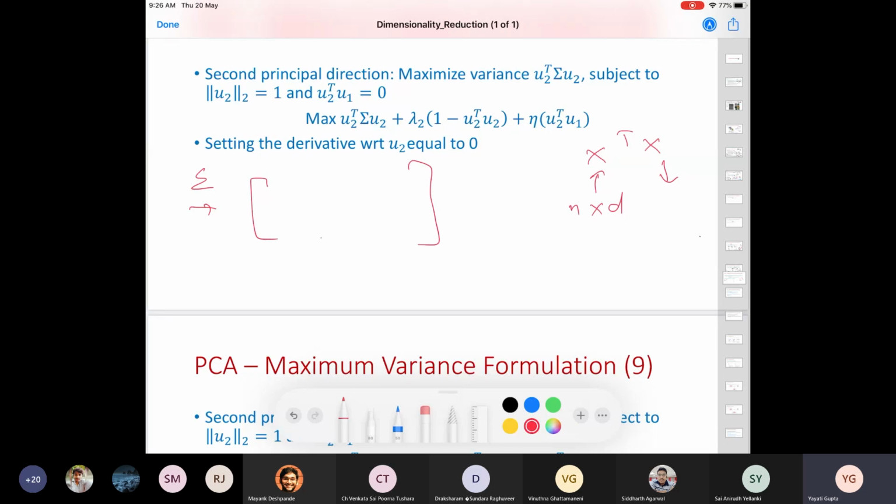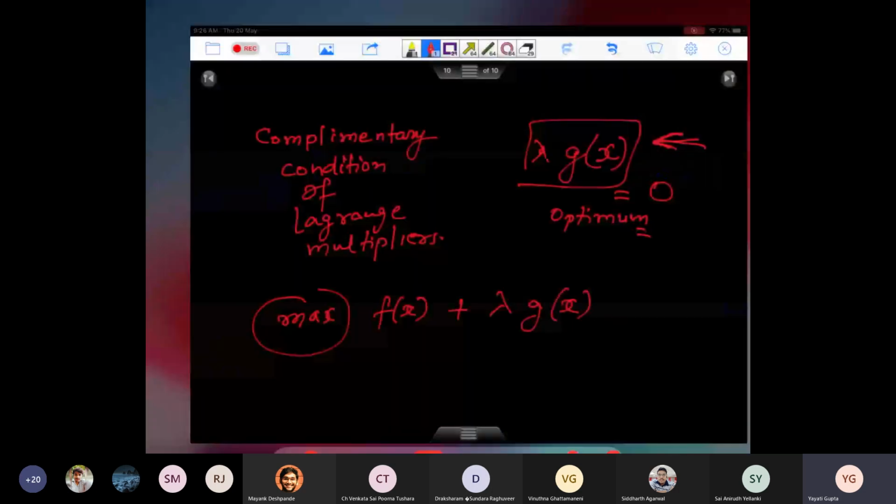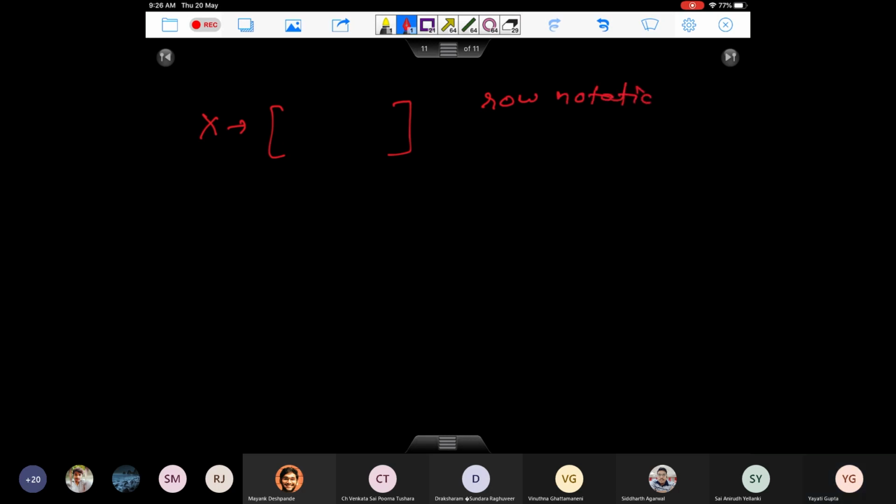Let me assume X to be this data set. I'm using row notation for now, so each sample will be represented as a row.